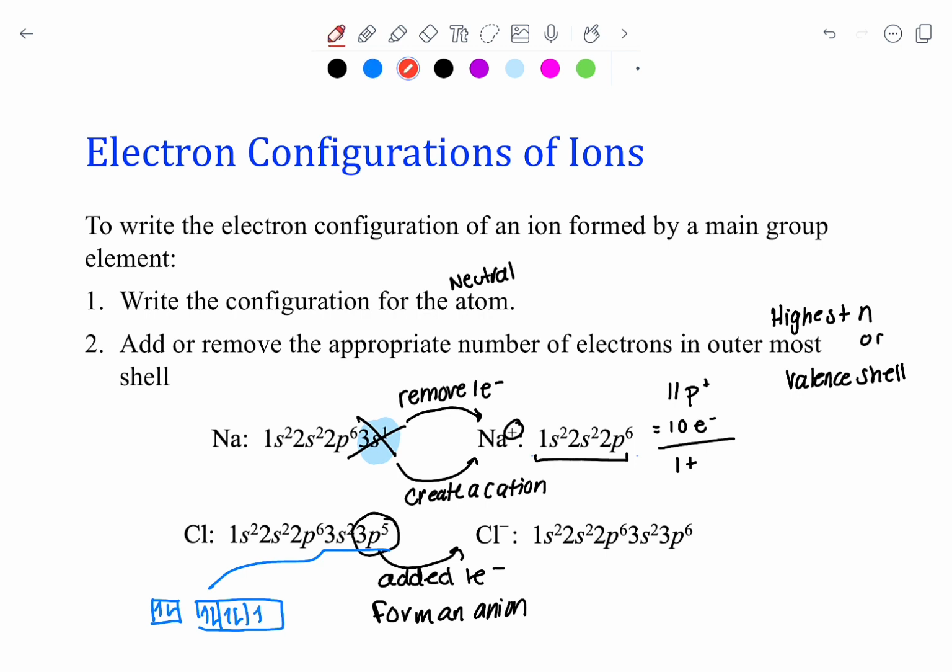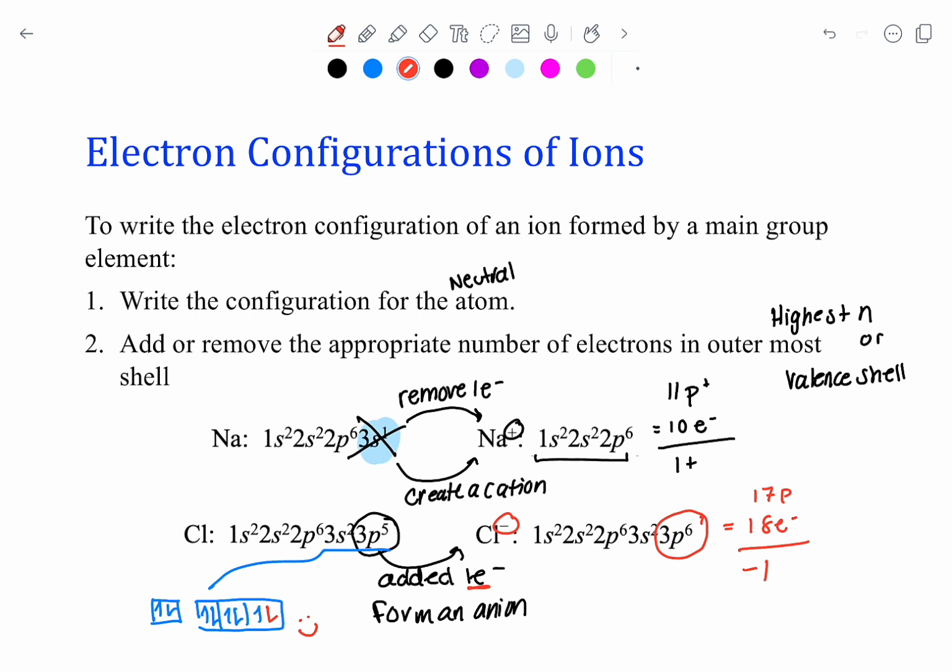The one electron that we're going to add only has one place to go, and it's going to go right in that p orbital, so that we can have a filled p orbital shell, because a full shell makes our elements happy. Our ion configuration now has that 3p6, so we have a total of 18 electrons. Chlorine has 17 protons, so if we subtract those, we get a 1- charge.